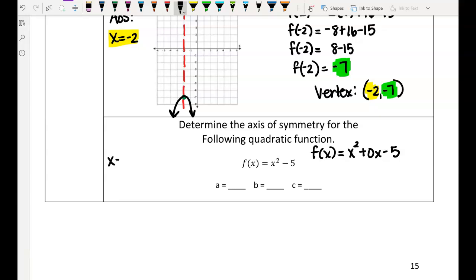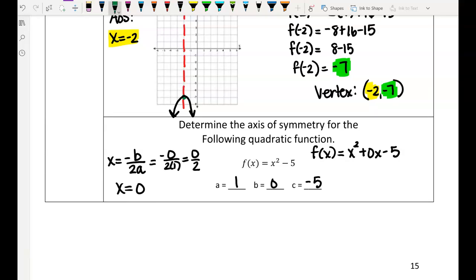So if I do my x equals negative b divided by 2a, in this case, a is 1, b is 0, and c is negative 5. So this is negative 0 divided by 2 times 1, which is 0 divided by 2. So x equals 0.